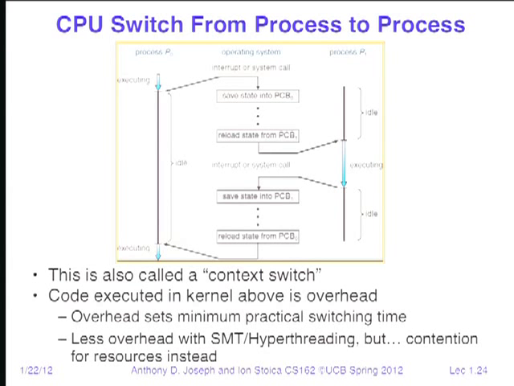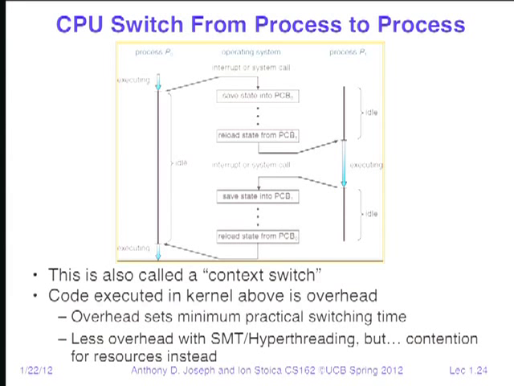So the time it takes us to do this switch from one process to another process is overhead. It's wasted time. We're not doing anything useful when we're switching, for example, because of an interrupt, like a timer interrupt, from one thread, one process to another process. That's just extra overhead.